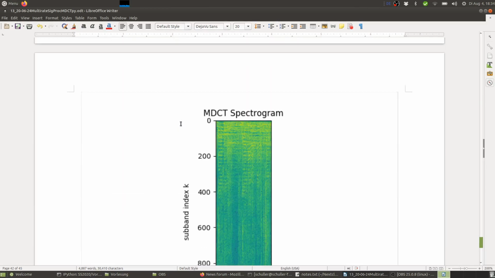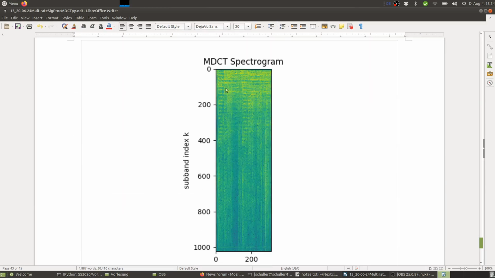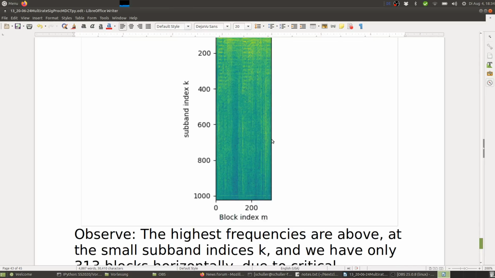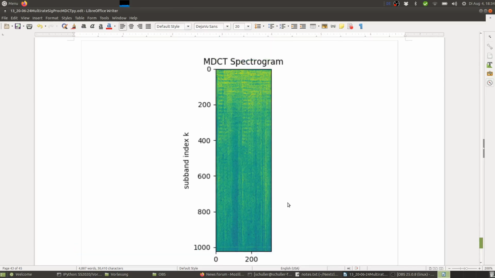Yeah, and then we have a spectrogram which we can see here. Right, this is our MDCT spectrogram of the resulting signal. So vertically you can see the subband index k, and horizontally is the time. Right, here is the block index horizontally. So here we have the block index m.